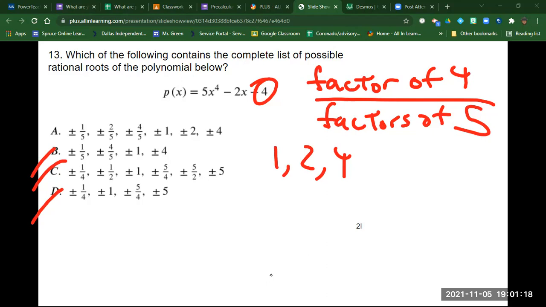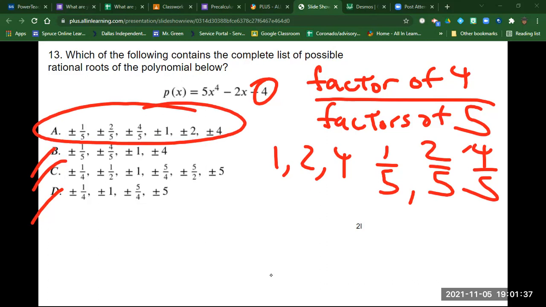And because the factors of 5 include 1, then these have to be in. Now, if we include the factors of 5, then we also got to have 1 over 5 and 2 over 5 and 4 over 5, plus or minus all that. So that's why A is the answer. Okay. Let's keep moving.